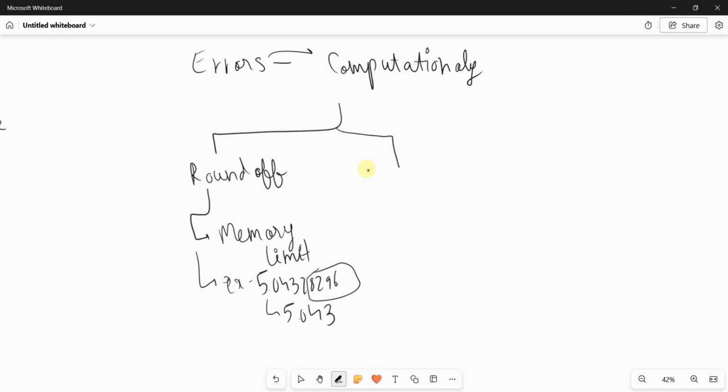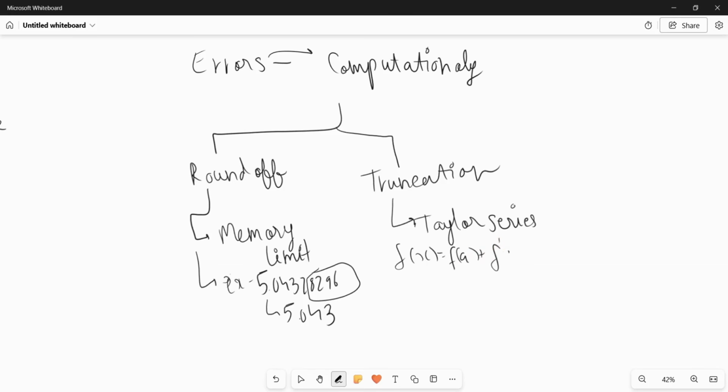And next type of error is your truncation error. So this is for approximations that you use or discretization methods like Taylor series. As I told, when you are using f(x) equals f(a) plus f'(a)(x minus a), and then plus and so on, plus, I would say, R_n.